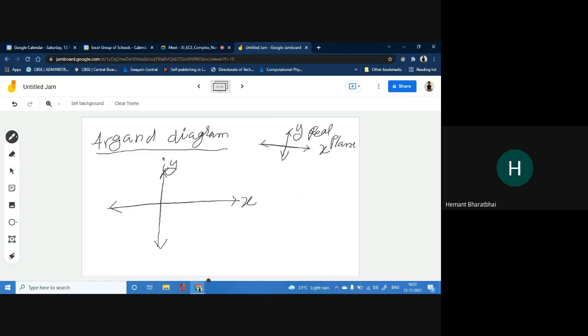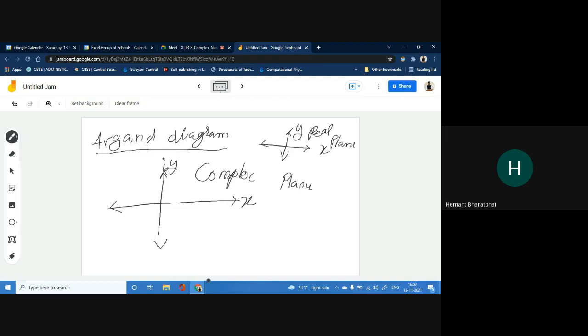It has a real part and an imaginary part iy. So Argand took the imaginary part on the y-axis, the vertical axis, and the real part on the horizontal axis. This is going to give you a complex number because the complex number is nothing but x plus iy. Hence this plane is called a complex plane.